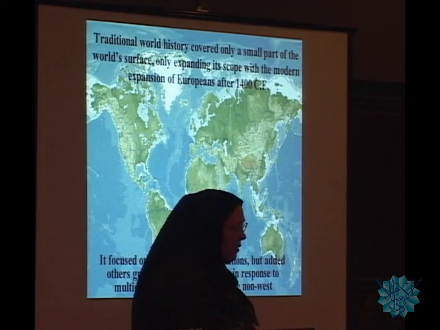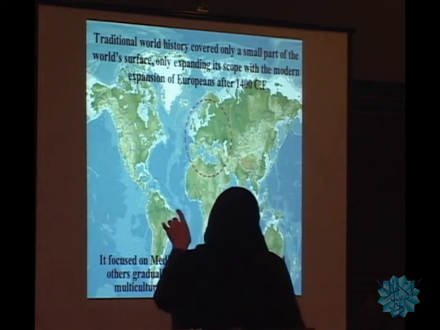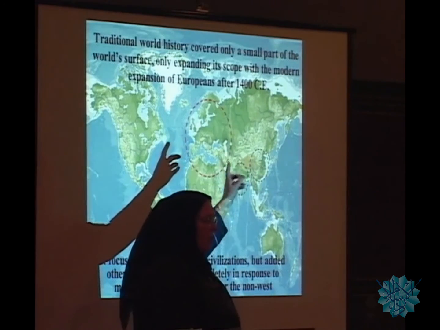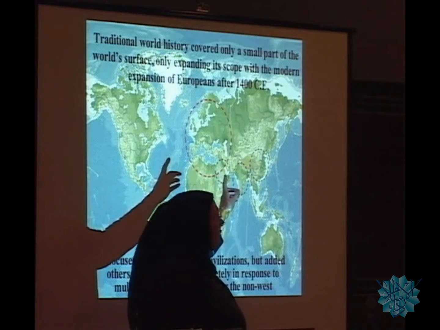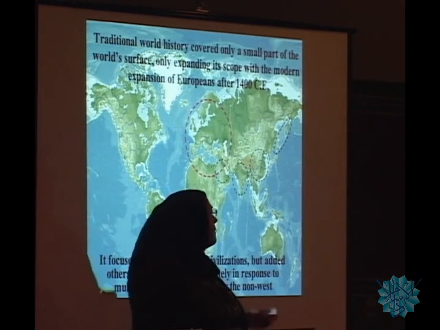Other problems with this particular model were that it started out as what was called world history. And some of you may have seen that old timeline from like 1919 or something that shows that this was the subject of world history, what's in that red circle.